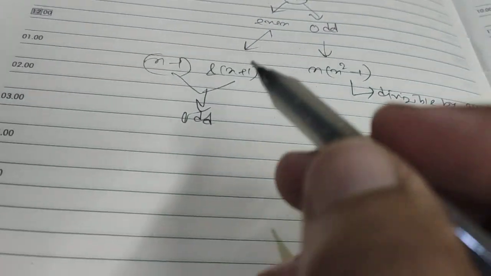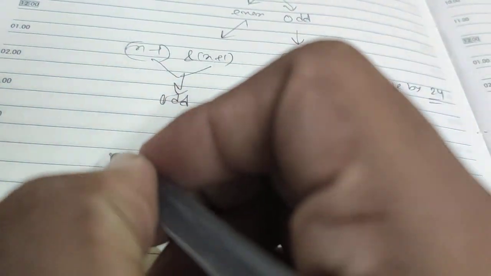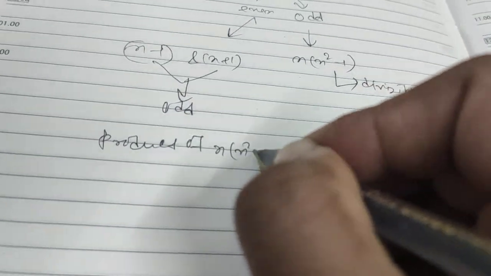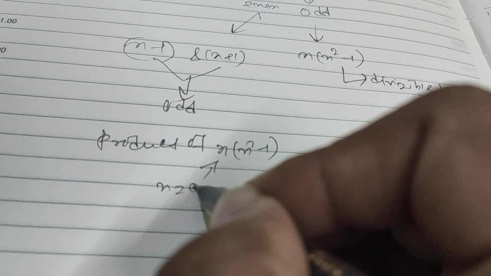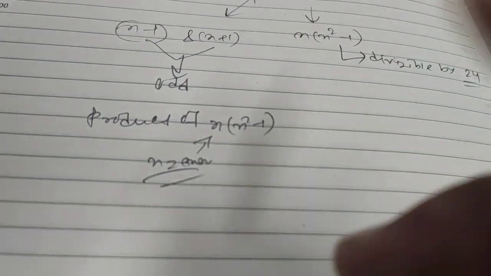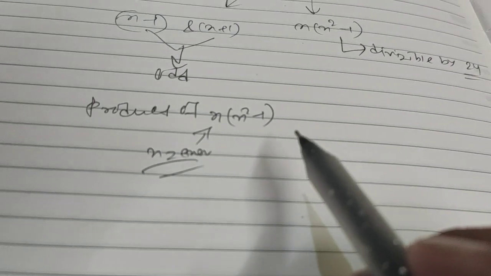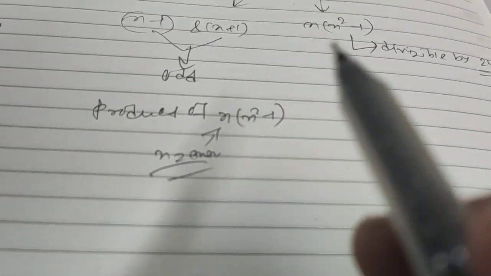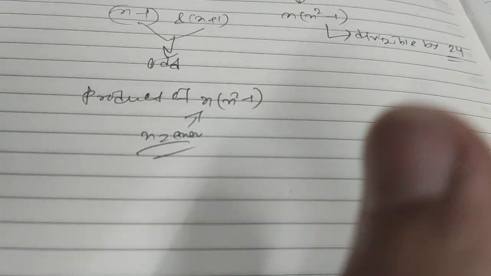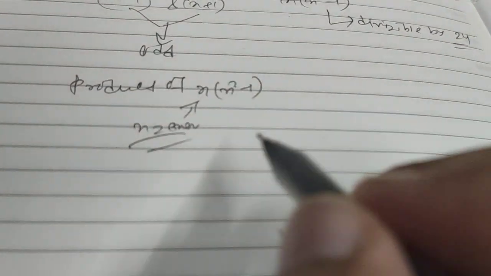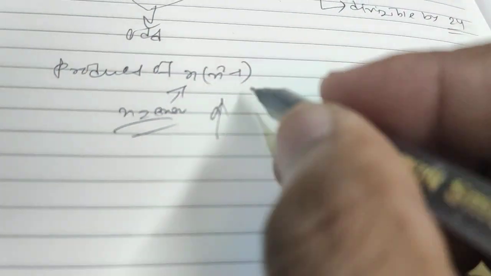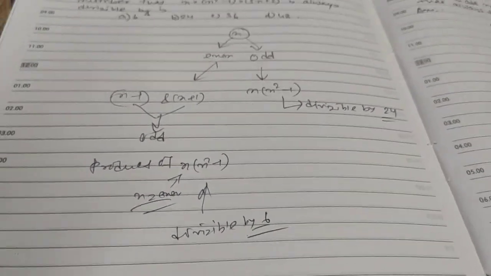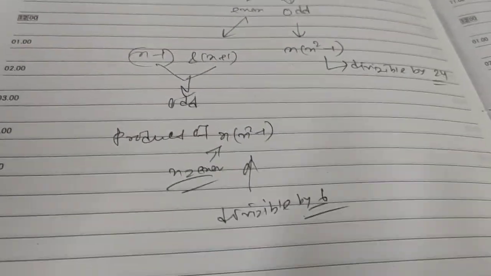But as here n is even, the product n(n² − 1) is normally divisible by 3, but since n is even, it should be divisible by 6. Clear, very clear, just do comment.